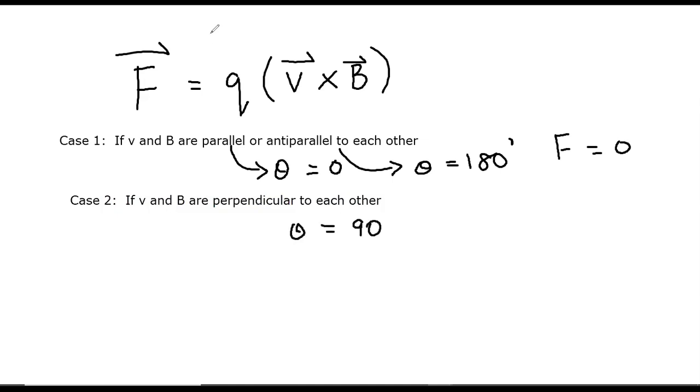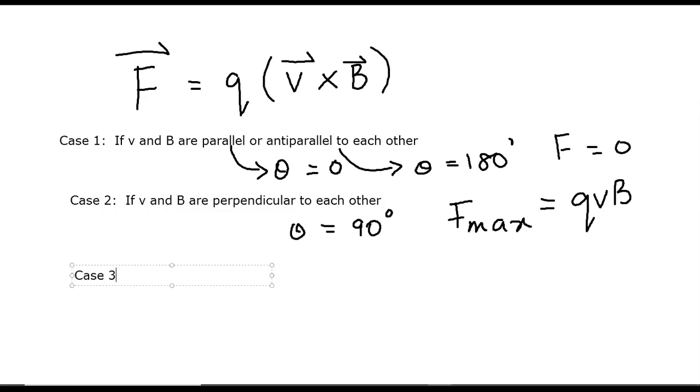Perpendicular, theta is equal to 90 degrees, and we know that the trigonometric ratio sine is maximum for theta equal to 90 degrees. So the charge that is moving in that magnetic field will experience a maximum force that is going to be given by QVB. We are writing the magnitude of the force. Remember, that is going to be maximum, that is QVB.